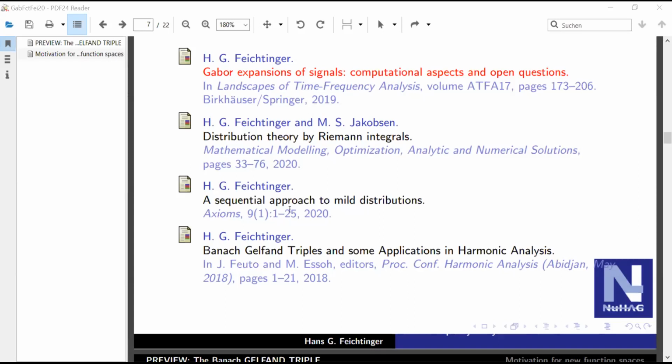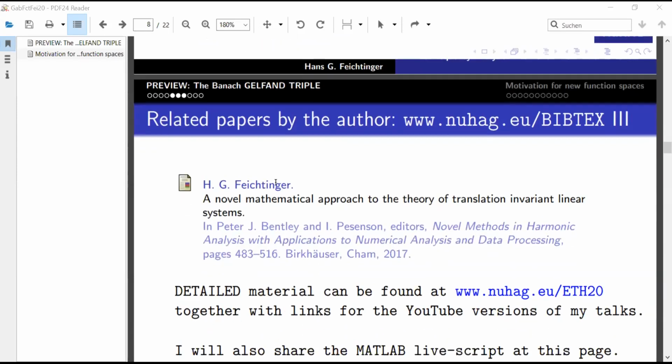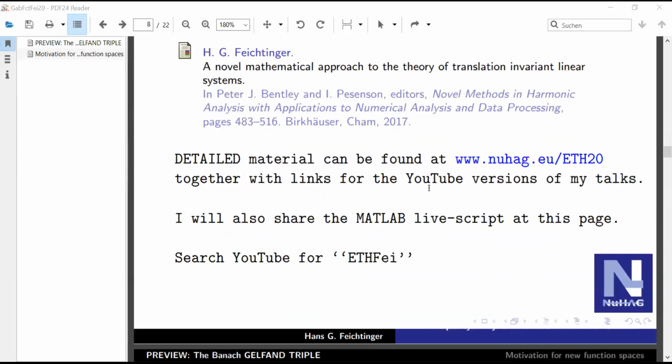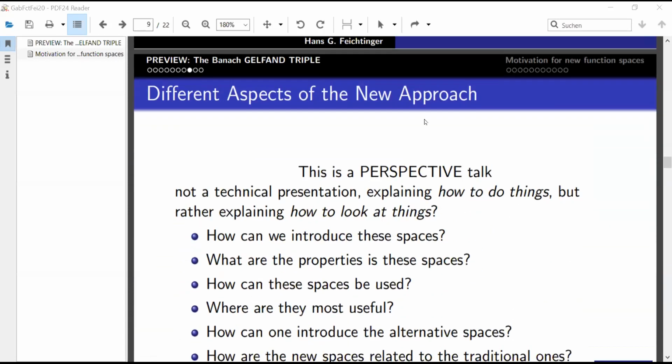There you need a lot of functional analysis and topological vector space theory. But in my approach, I need just basic results from linear functional analysis. So these are some of the papers that are interesting for you, and you find all the information at this web page or on YouTube, but that's just kind of advertisement.